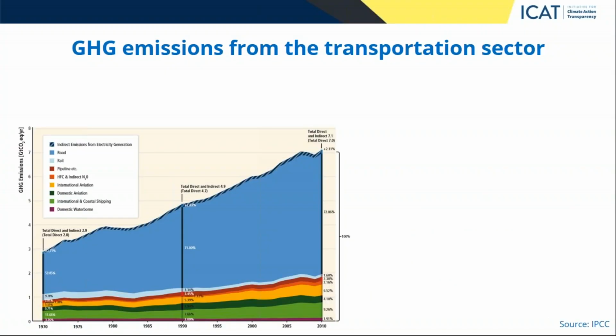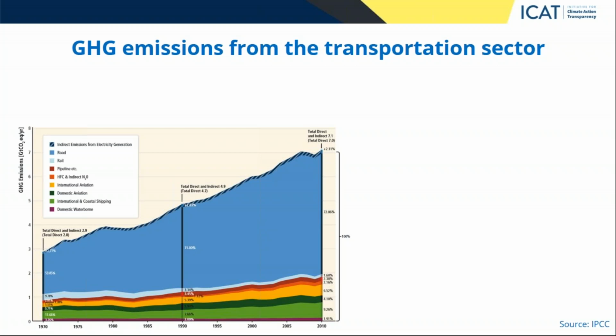So why are we discussing transportation? So this sector clearly is a sector that has to be tackled in order for the world to tackle climate change. If countries want to achieve the 1.5 or 2 degree target, it cannot be done without tackling transport emissions.